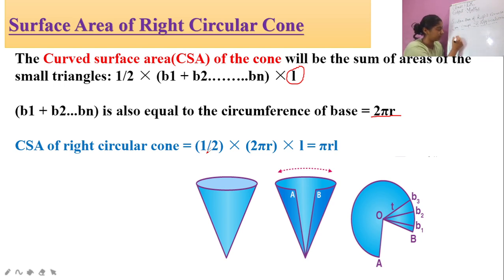That is half into 2 pi r, the circular part, and the slant height. So you cancel out the terms and you get pi r l. This is the curved surface area for a cone.